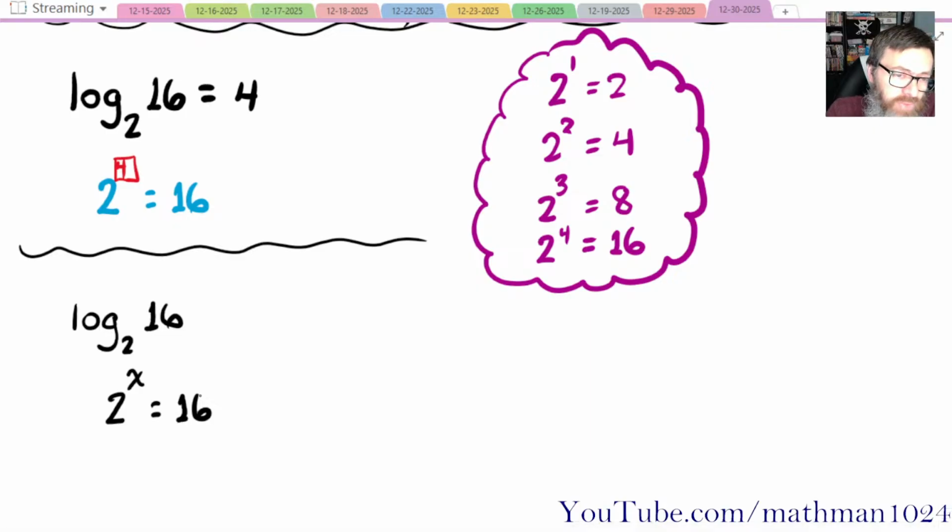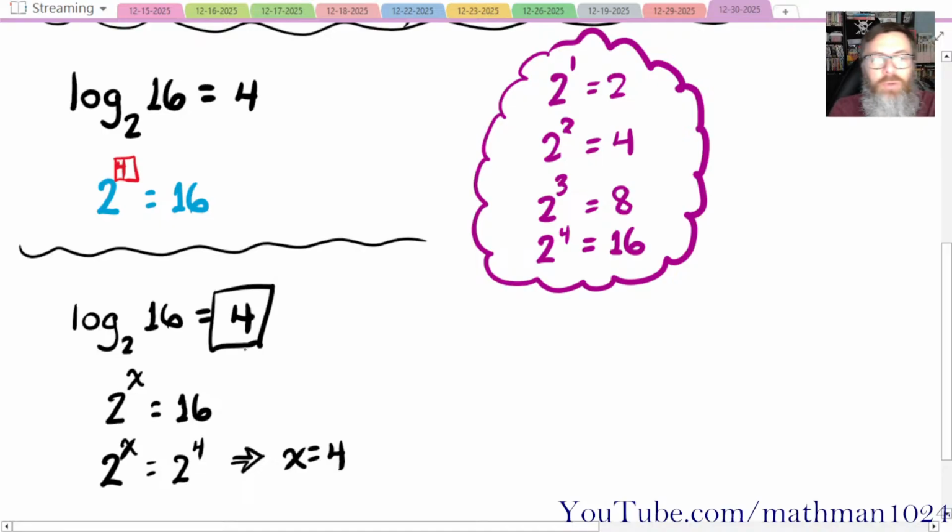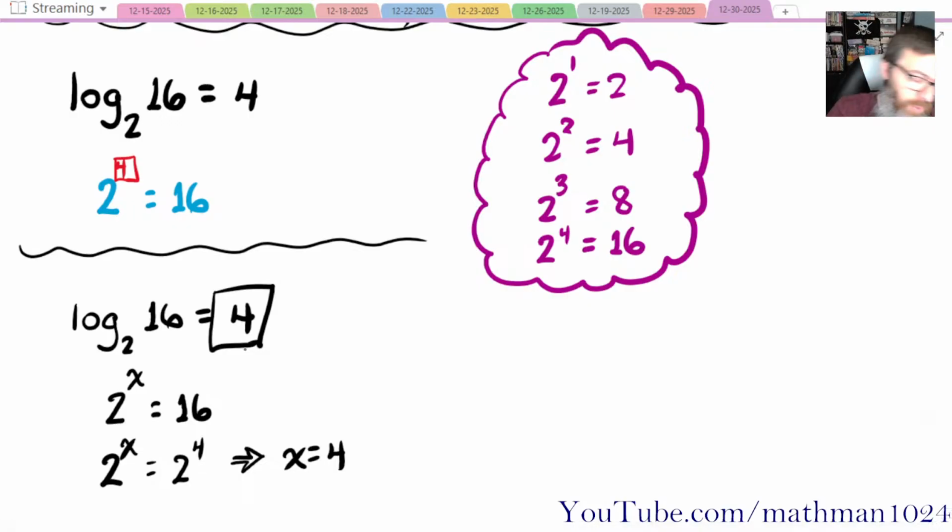And in order to solve that, you have to be able to identify the base that's common for both sides of the equation. So 2 is the common base, and 16 is 2 to the fourth power. So that means that x equals 4. In other words, the answer to this logarithmic expression is 4. Another way to ask this is 2 to the what power 16. We should be able to comfortably say 4.